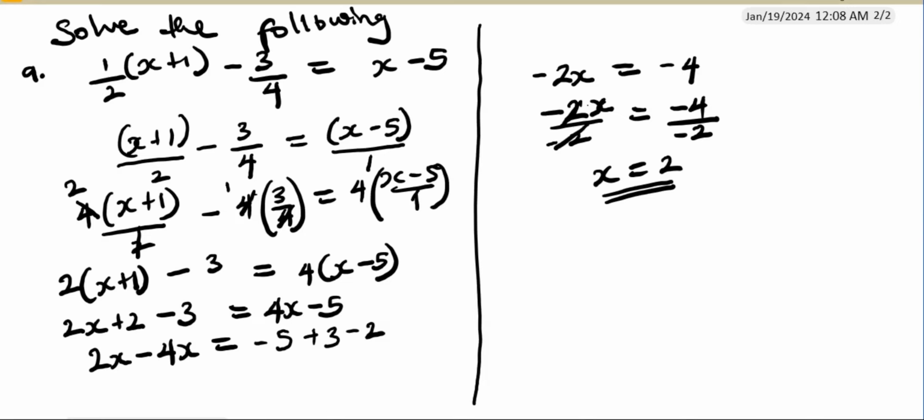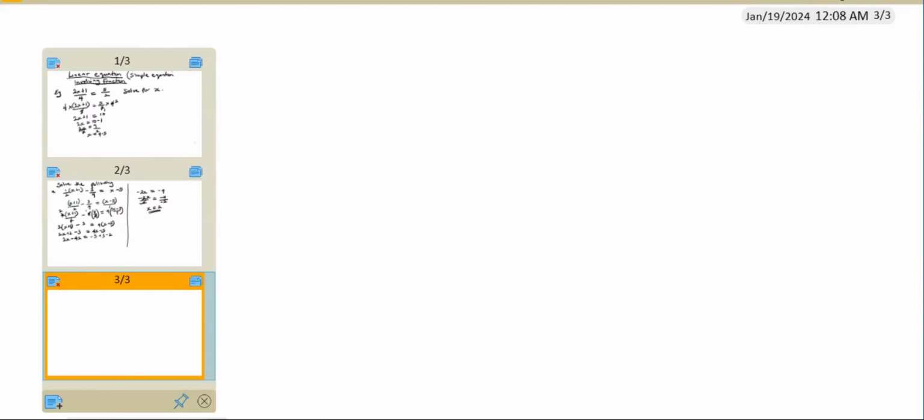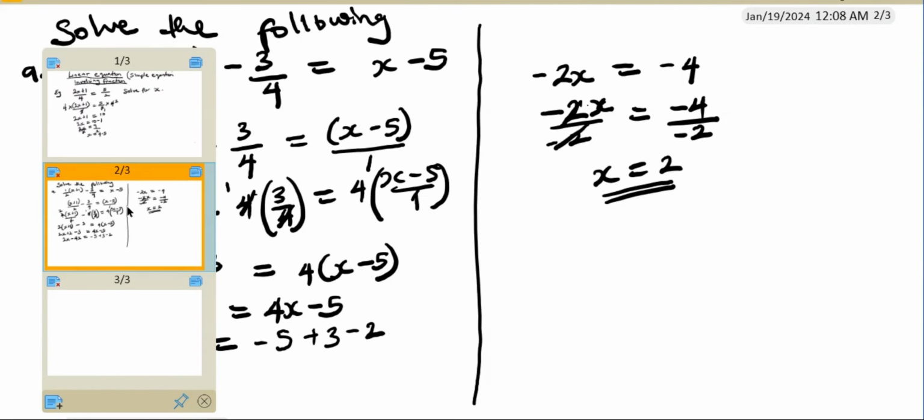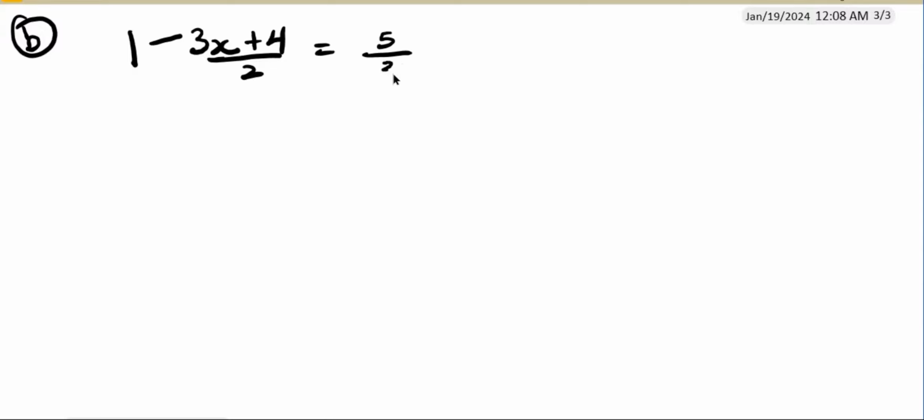So let's open up another page and see what we can do there. The previous page was question A. So let's make this one question B. You can have a whole number, let's say 1 minus 3x plus 4 over 2 equals 5 over 3.